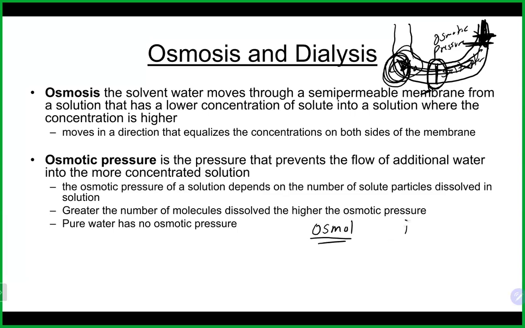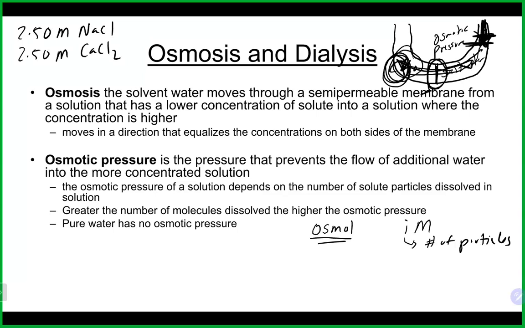And you do it by taking i times the molarity, for example. i is basically the number of particles. And osmotic pressure is all based on how many particles are in the solution. So for example, if you had a 2.5 molar solution of sodium chloride, and you had a 2.5 molar solution of calcium chloride, you may think that they both might have the same osmotic pressure.